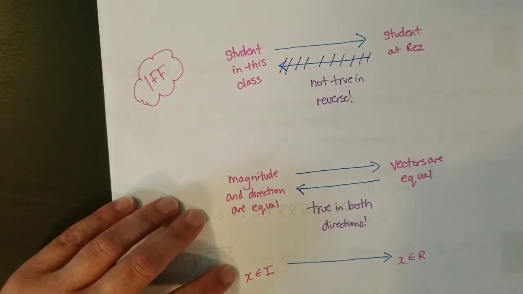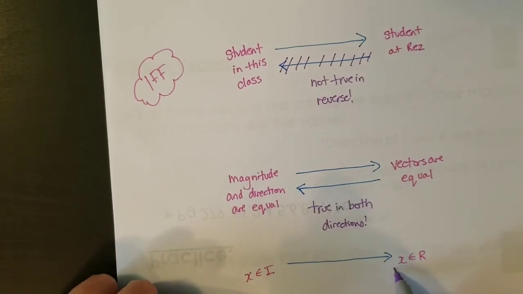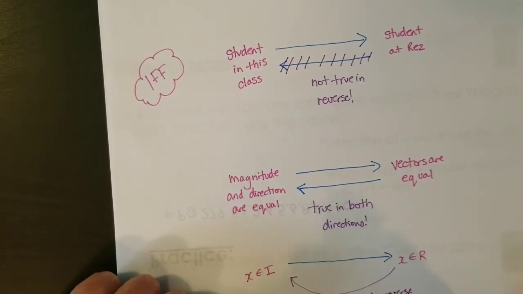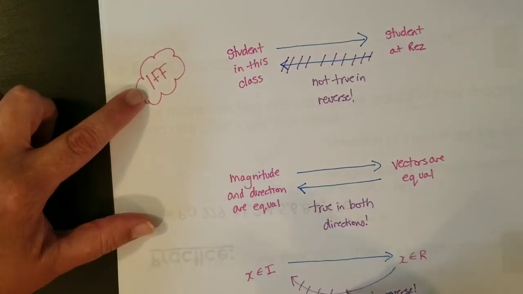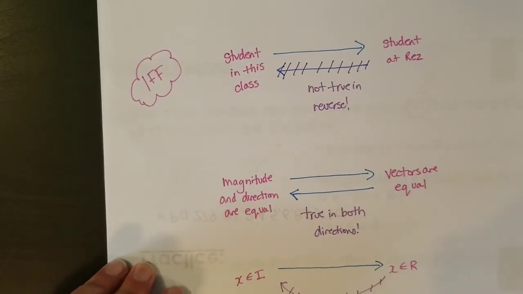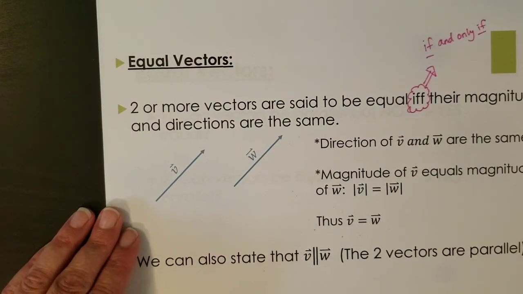But that's not true in reverse. If you knew x is a real number, can you say that it's an integer? No, you cannot. So this IFF is a short form of saying this is going to be true in both directions. If one of these is true, then the other is, and if the second one is true, then the first one is true. So back to our equal vectors.